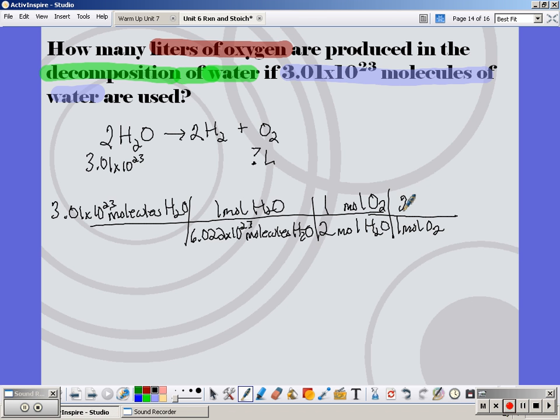Make sure to use the special button with the times 10, multiply and divide. I want 3 significant figures, so I'd have 5.60 liters of O2.